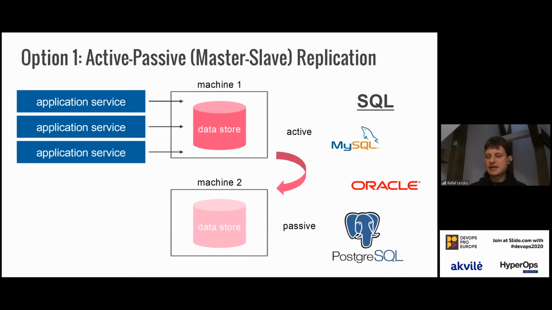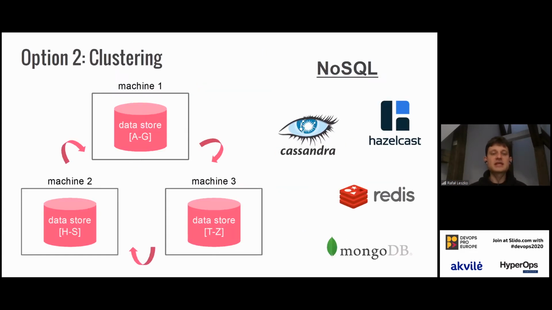But at some point in history, people said SQL databases, because of ACID transactions, because of the relational data, because of the SQL language, which can be super complex, are limiting our performance. So they thought about NoSQL databases, and then they invented clustering. Clustering is how most NoSQL databases work.